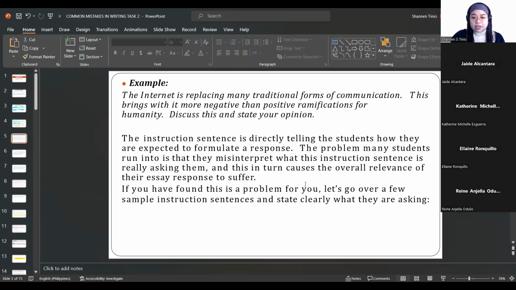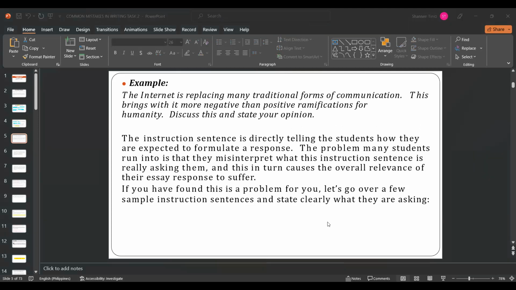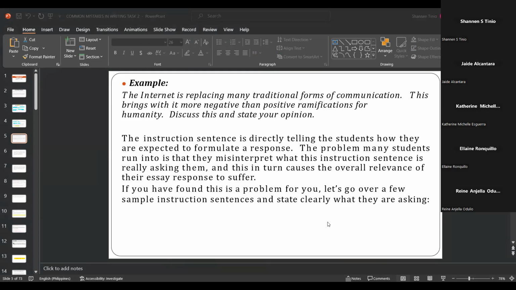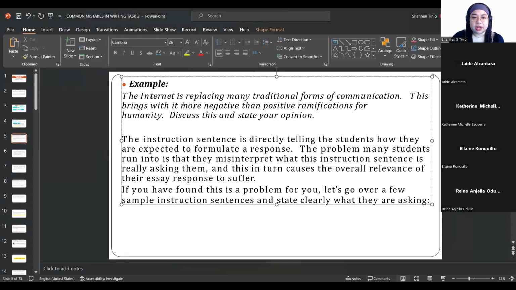There's an example here. All right. An example of the instruction. The internet is replacing many traditional forms of communication.